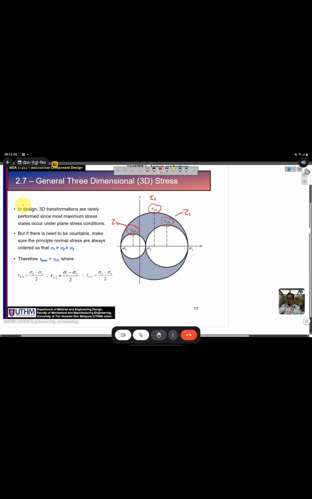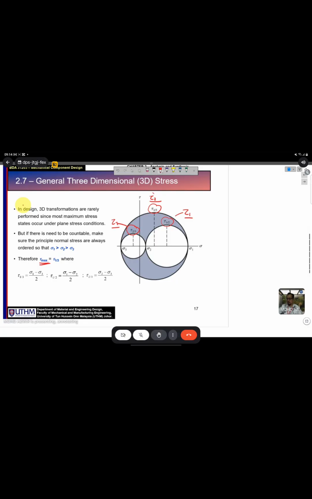Okay, so in order to get the maximum shear stress, you need to look at value number 1, value number 2, value number 3, and see which one is the biggest value. Actually the tau max is the biggest value. In this condition, it happens at the biggest circle.